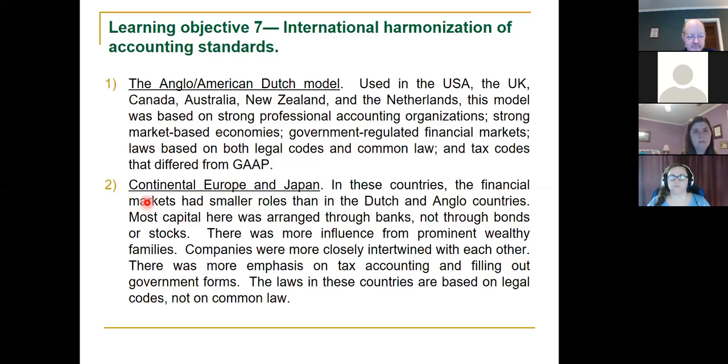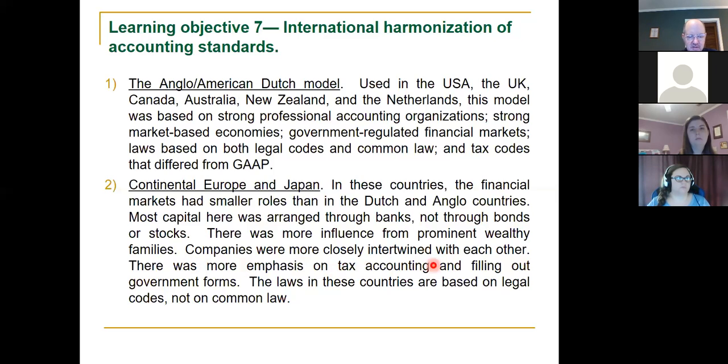Second model, continental Europe and Japan. In these countries, the financial markets had smaller roles than in the Dutch and Anglo countries. Most investment capital here was arranged through banks, not through bonds or stocks. There was more influence from prominent wealthy families.